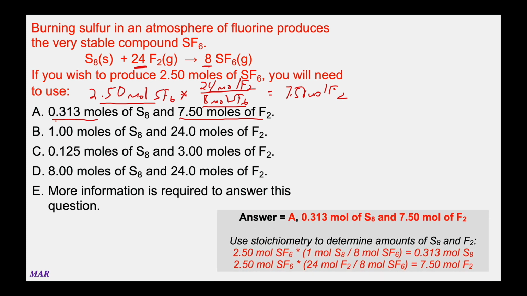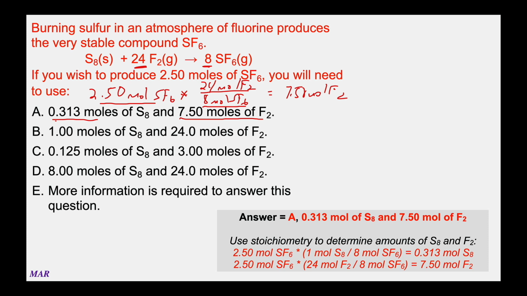And if you do this, it does come out to be answer A. So in this problem, you use those stoichiometric factors once again to find the desired amount. So in theory, if you put 0.313 moles of S8 with 7.50 moles of F2, you would end up with 2.50 moles of SF6.